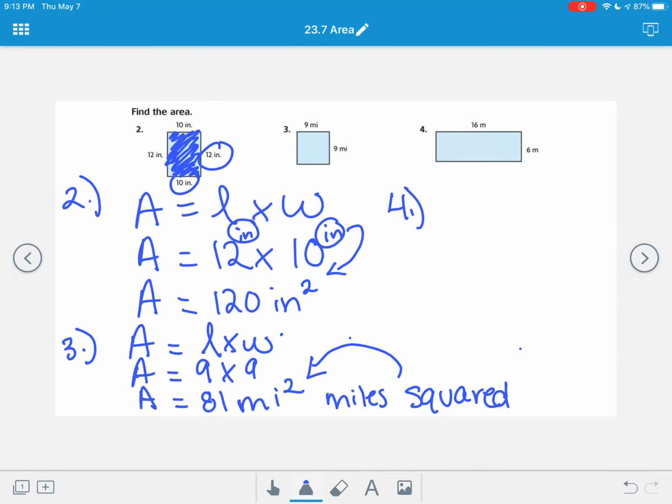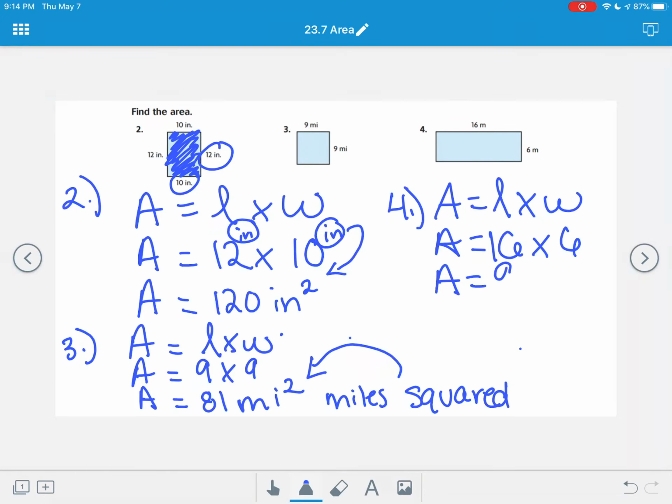Number 4, another rectangle. This rectangle is 6 meters by 16 meters. Our area for a rectangle is length times width. The area is equal to 16 times 6 meters. Now, I do not have my 16's facts memorized, so I'm going to type it out in my calculator.